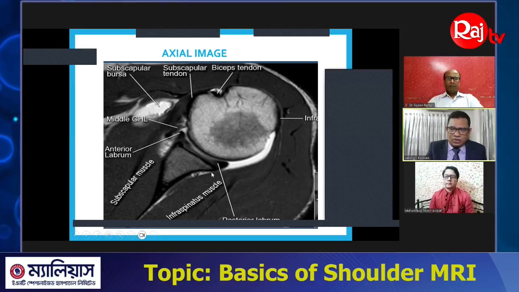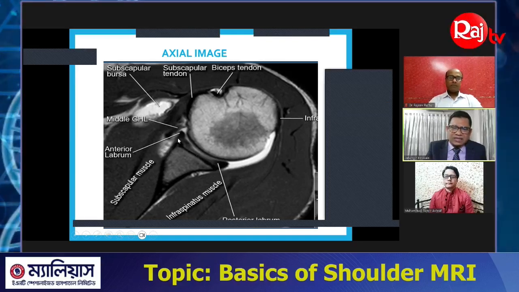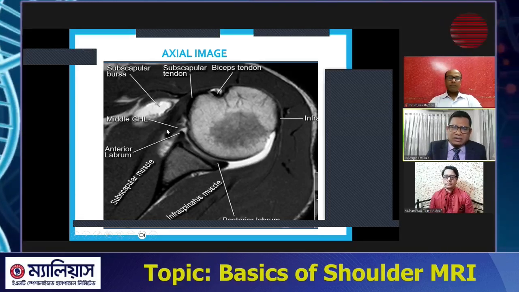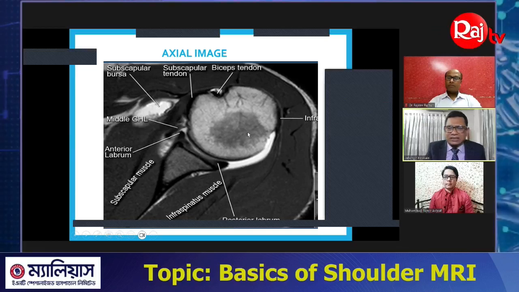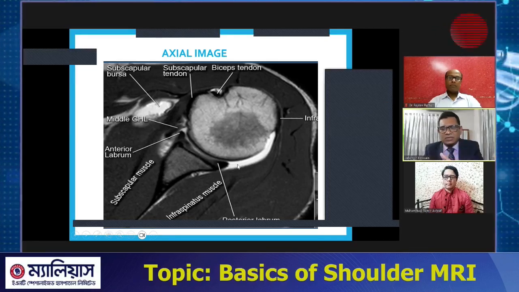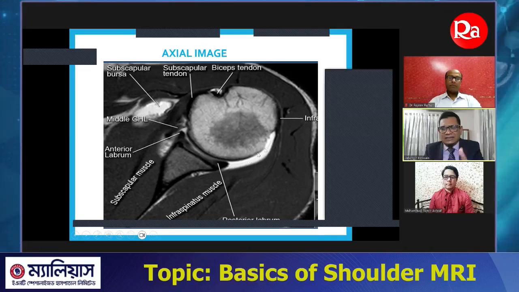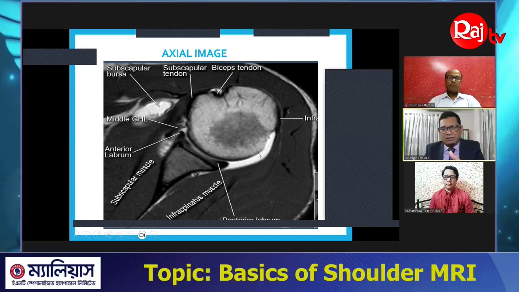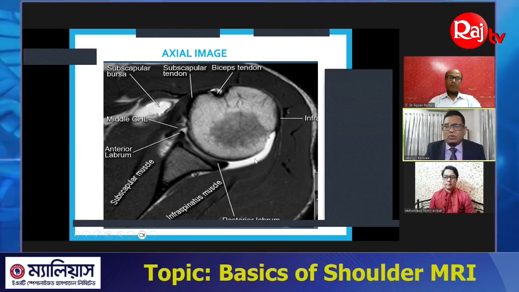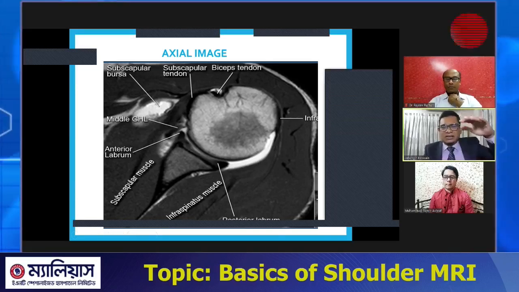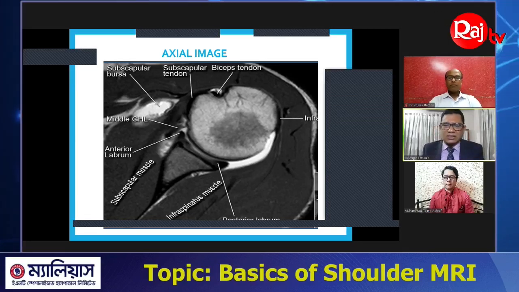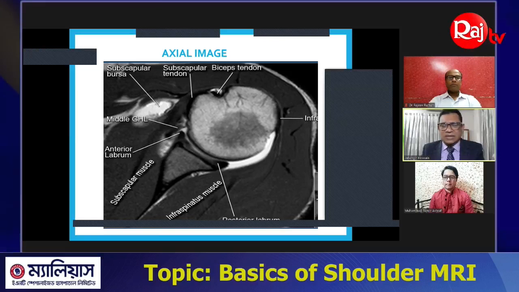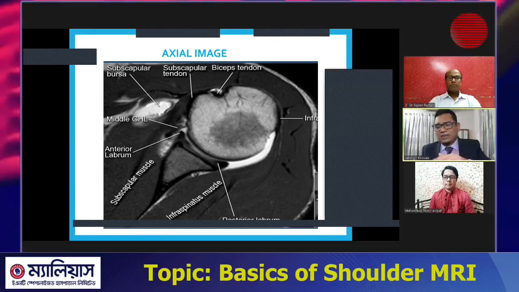Here there is the posterior labrum, the anterior labrum, the medial glenohumeral ligament, the subscapular bursa, and the subscapularis tendon from the anterior side. And in this position, sometimes we get confused by a white high signal. It may be a HAGL lesion. No, but the HAGL lesion is a bit anterior at the level of the coracoid. So we can understand from this situation that it is not a HAGL lesion. There is some plating at the lower part of the head.